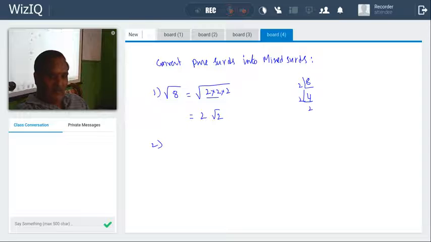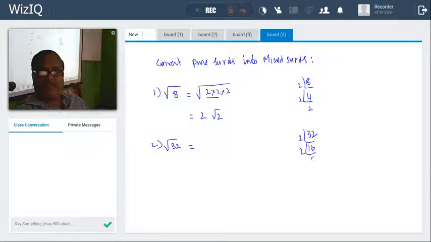For example, I'll do one more question. That is square root of 32. Then how much will it become? 32: 2 into 16, 2 into 8, 2 into 4, 2 into 2.